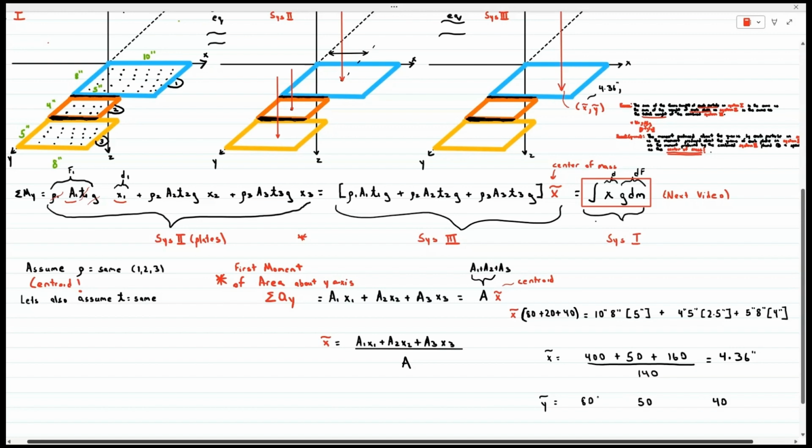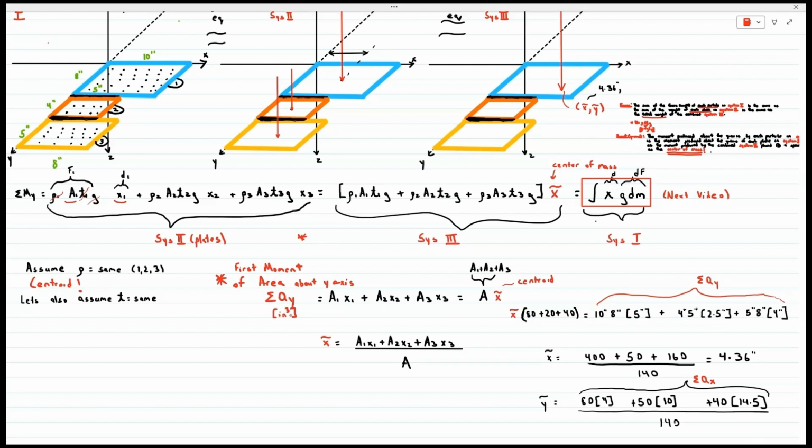Again, you're saying in your mind, the moment produced by the three plates is exactly the same as the moment produced by the sum of the three plates placed at a special distance away from the x-axis this time. This term in the numerator is called the first moment of area about the x-axis, and above it's called the first moment of area about the y-axis.